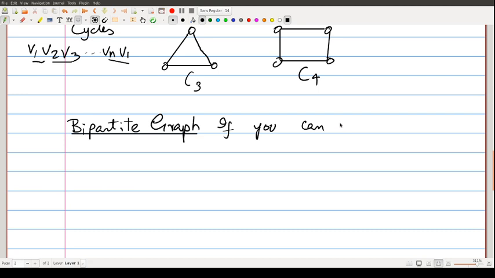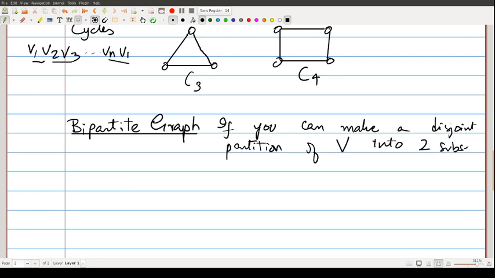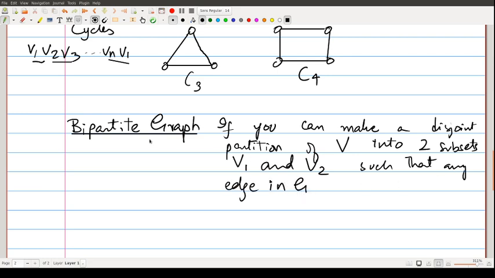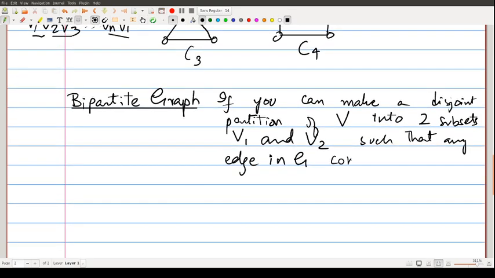It's called a bipartite graph if you can make a disjoint partition of V, my set of vertices, into 2 subsets, V1 and V2, such that any edge in G, so I have a graph G, any edge in G connects a vertex in V1 to a vertex in V2.